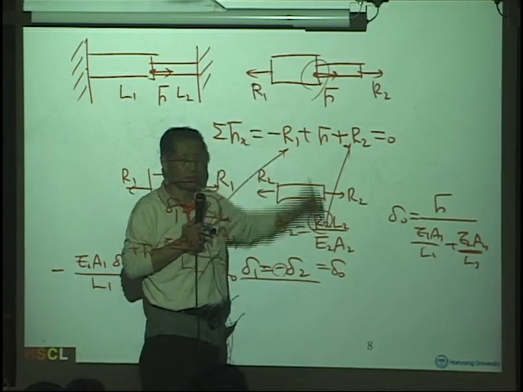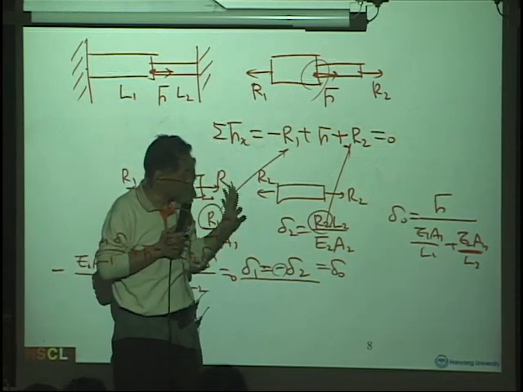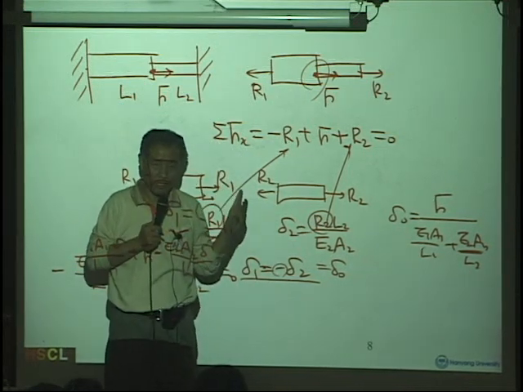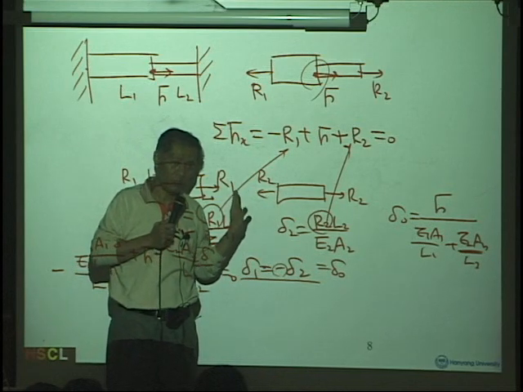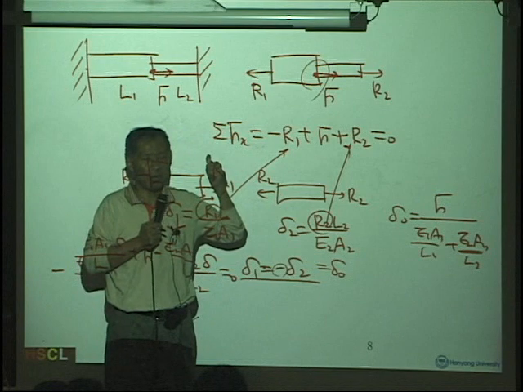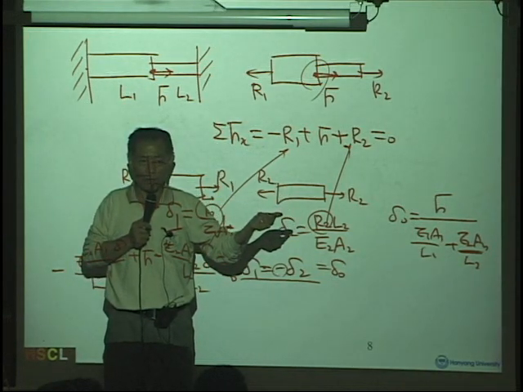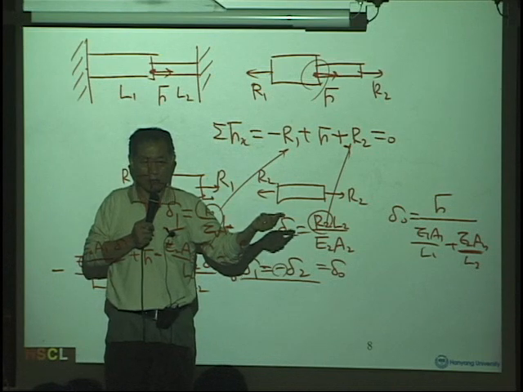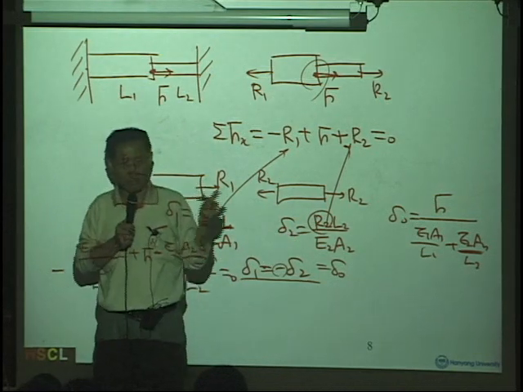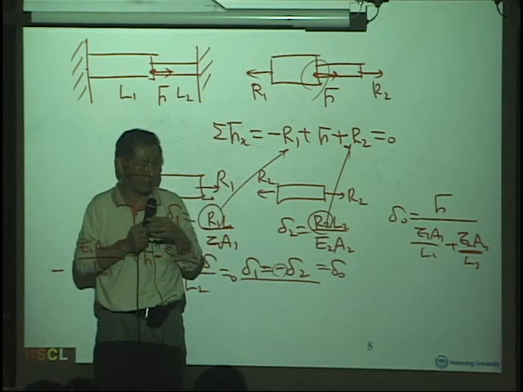You just reverse the direction. Yes, this is a very standard question, but it is a really good example for you to understand how to solve a statically indeterminate problem, and especially understanding the direction of forces and how to set up the problem.